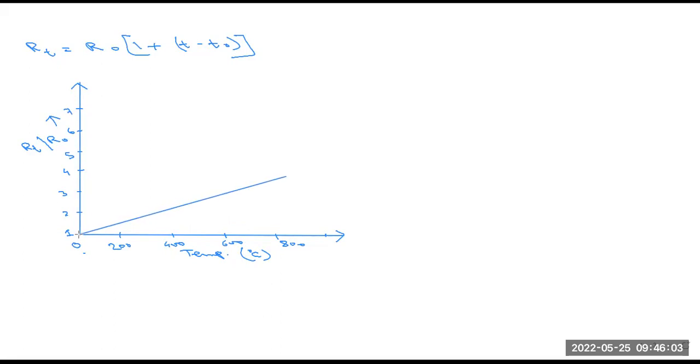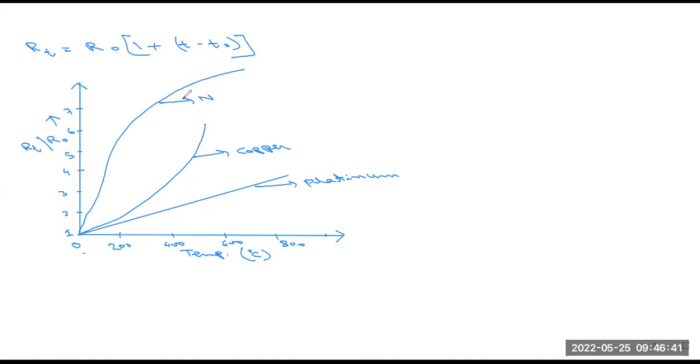So this is the platinum curve. This is the copper material, and this is the nickel.